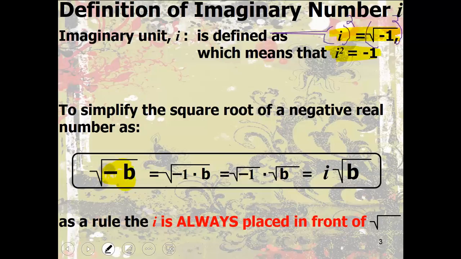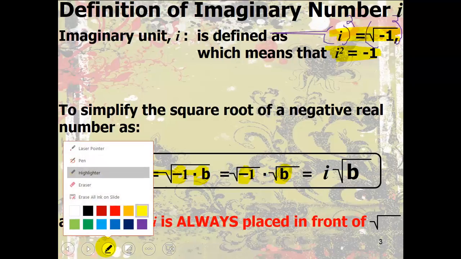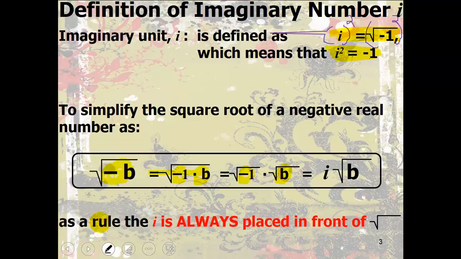The next thing that we're going to do is split it into -1 times b. Then we're going to break up our radical into two radicals, the square root of -1 times the square root of b. We're going to simplify the square root of -1 as i. And then we'll simplify the square root of b by taking out all the perfect squares using prime factoring.